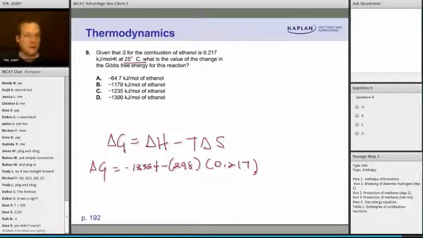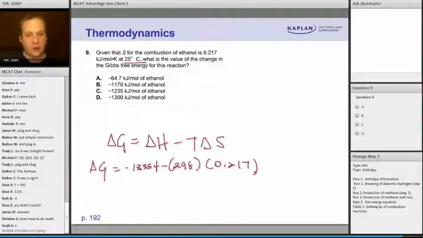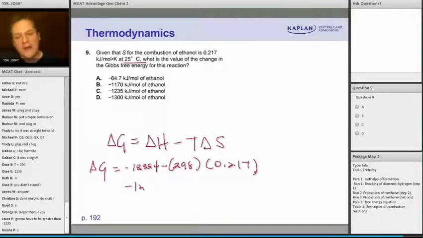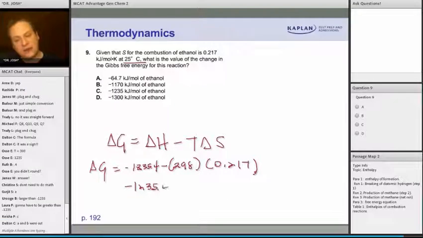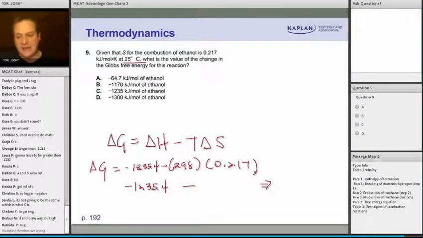And we can plug our numbers in and solve this. However, I want you to look at these answer choices. We could totally round and do the math and find it. But before you round and do the math, I want you to take a quick look. We don't have to do any math before we're done. Because note, we have a negative number, negative 1235.4, and we're going to subtract something from it. So what can you tell me about delta G if you subtract from a negative number?